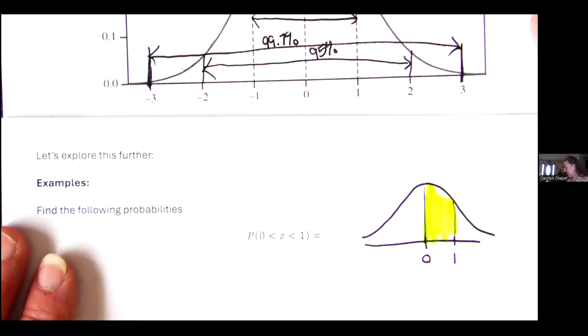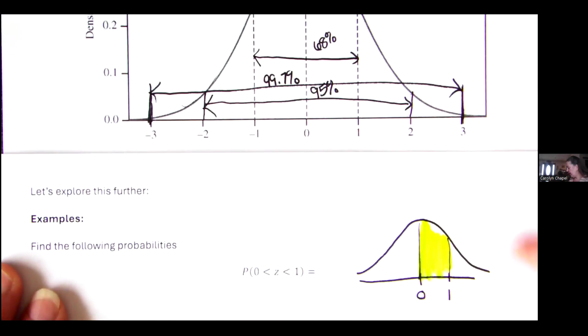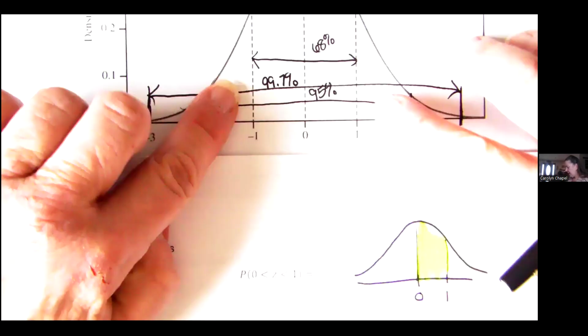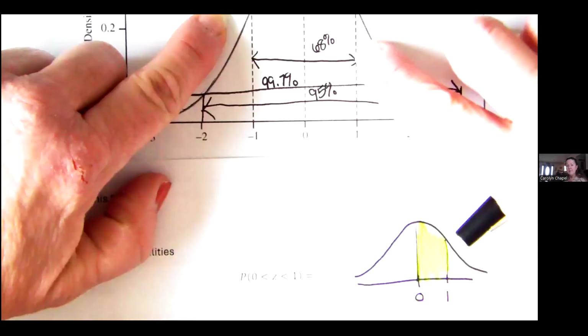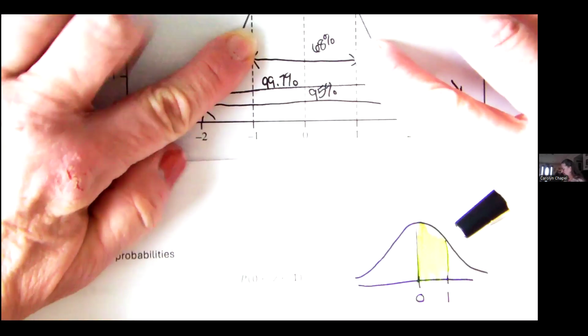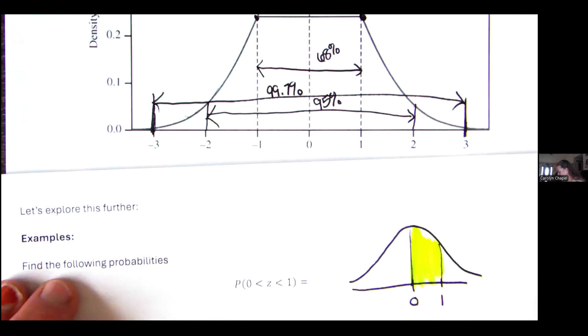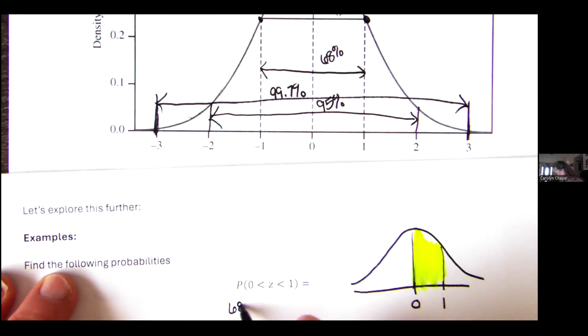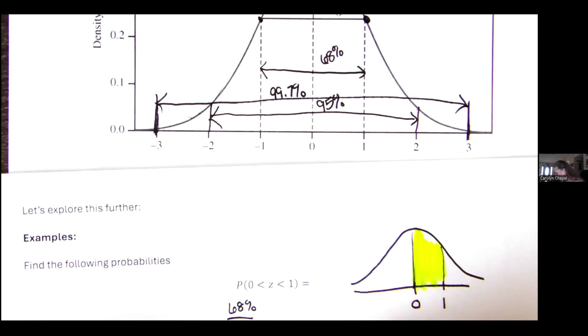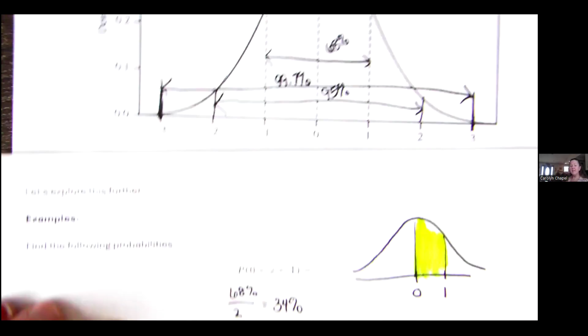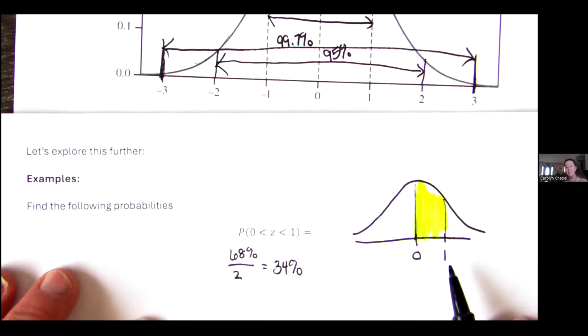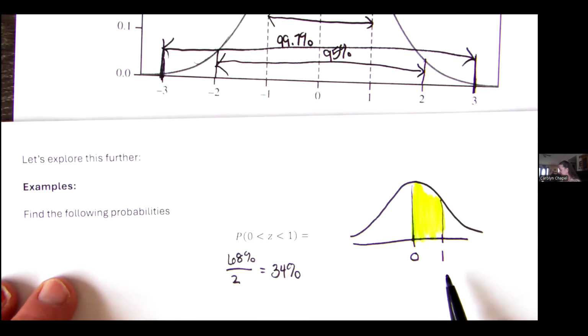The answer to that is we're going to look at our original. If I went from -1 to 1, we got 68%. This is half of that. So I can take that 68% and divide it by 2, which is 34%. And the reason I can divide it in half is because my normal curve is symmetric.